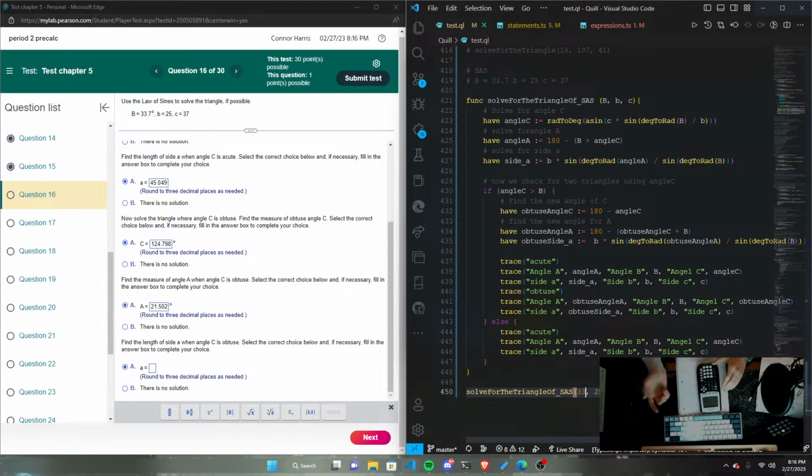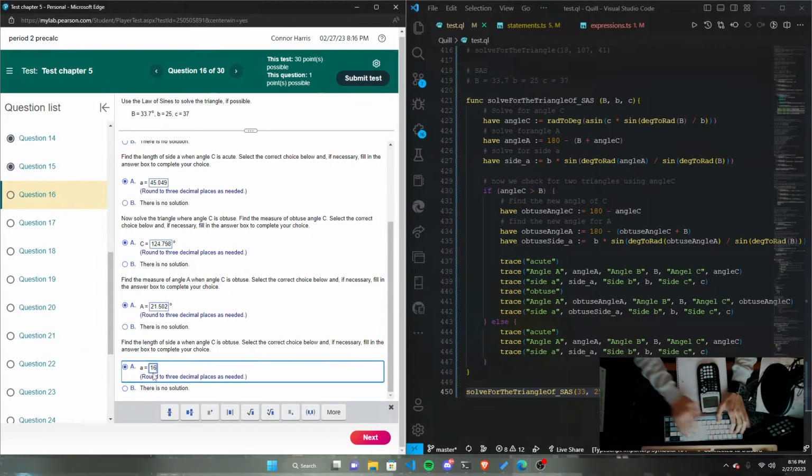That should be relatively easy to add in, I imagine. Knock on wood, because I'll probably eat my own words. 0.5, 0.02 divided by the sine of 33.7. And we get 16.515.